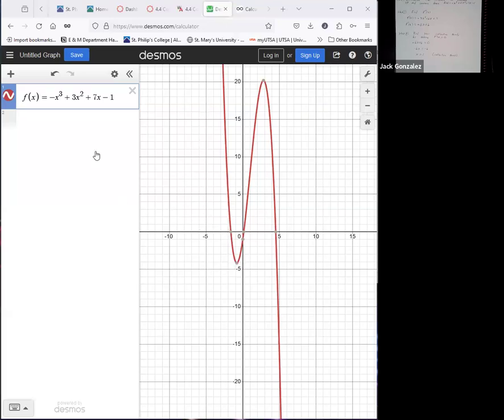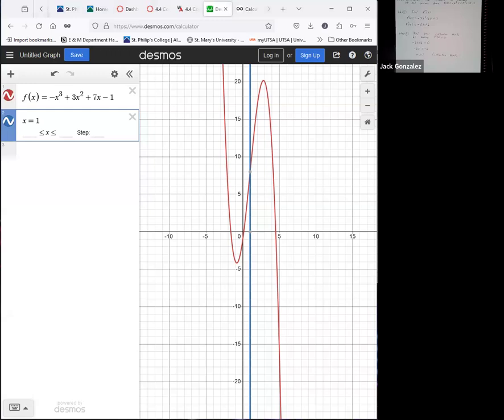Make sure I wrote all this correctly. You guys see the graph?